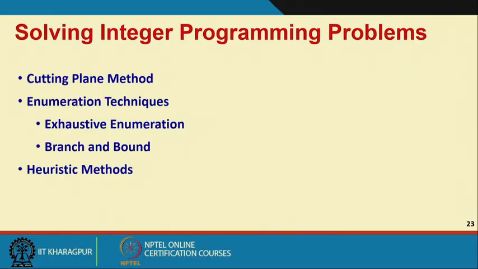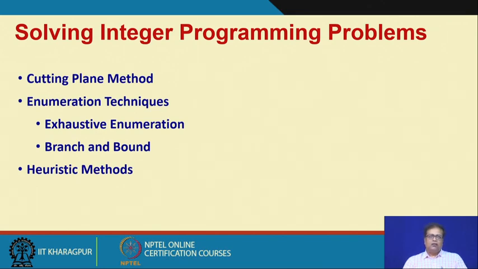There are different methods for solving integer programming problems, mainly integer linear programming problems. With regard to ILP problems, there are several methods. The first method that we shall discuss can be called the cutting plane method.